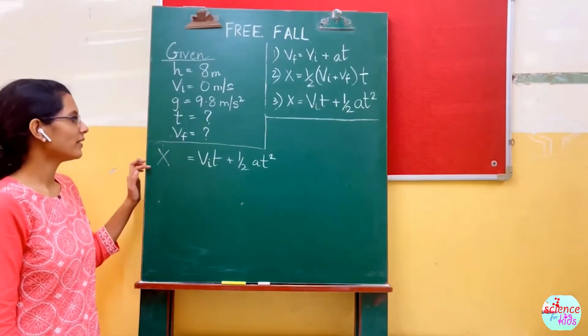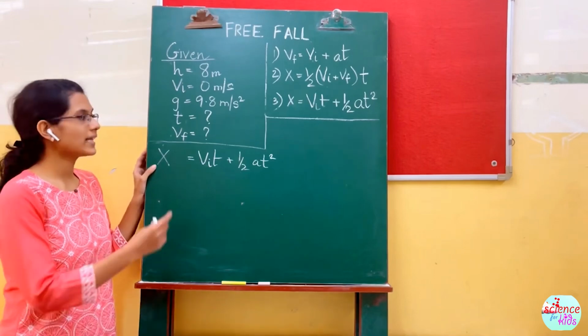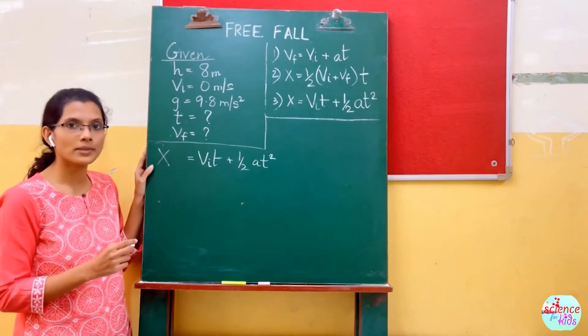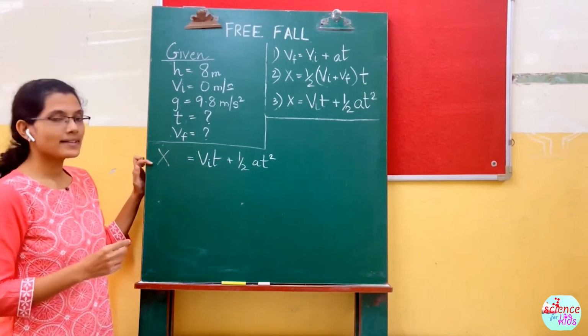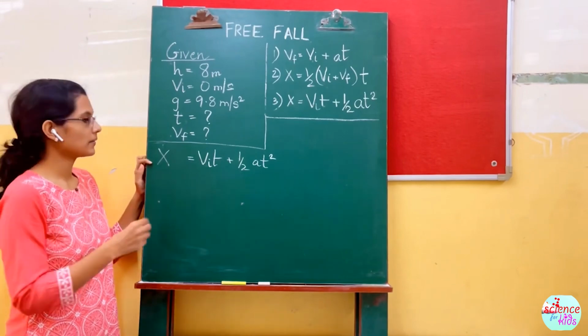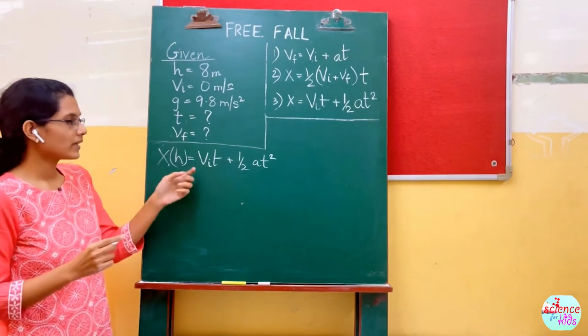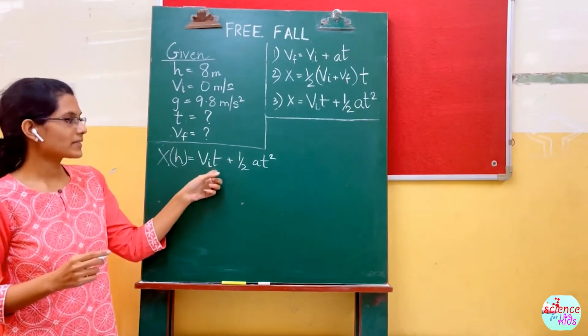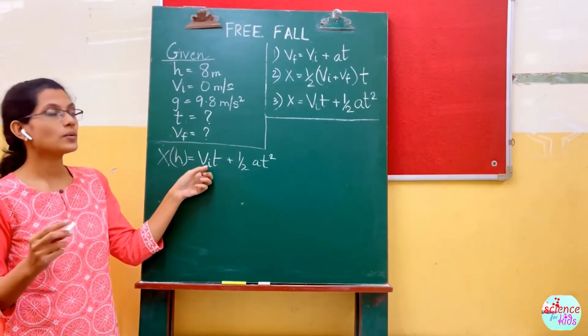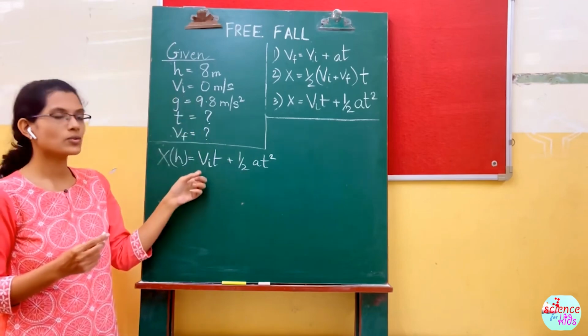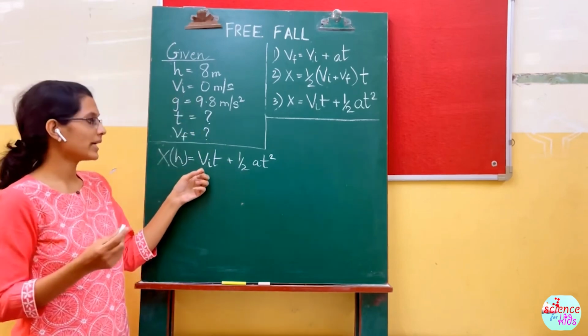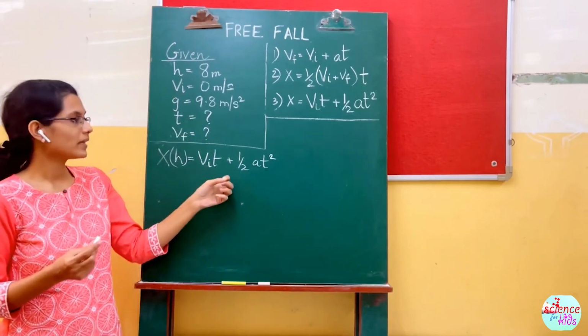Okay, I have written the equation that we have selected to solve this problem. Over here, x is the height, so I'll put h in brackets. We need initial velocity over here. So initial velocity is 0, and any number multiplied by 0 will be 0.